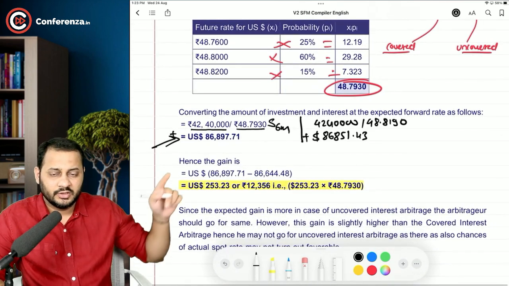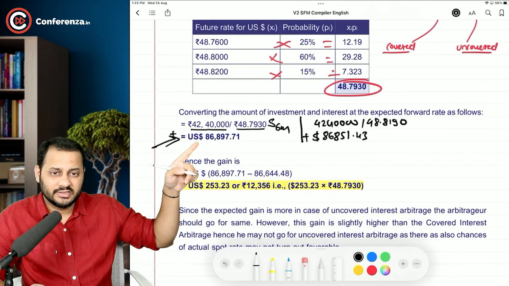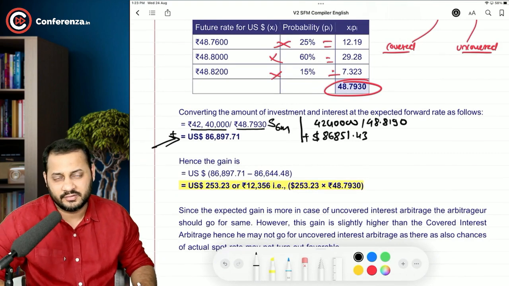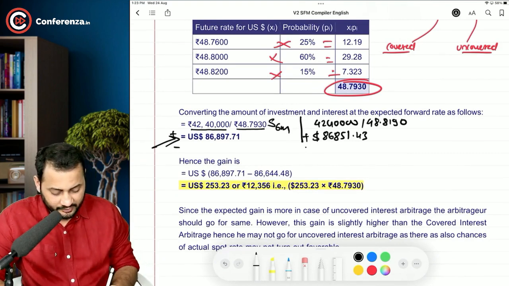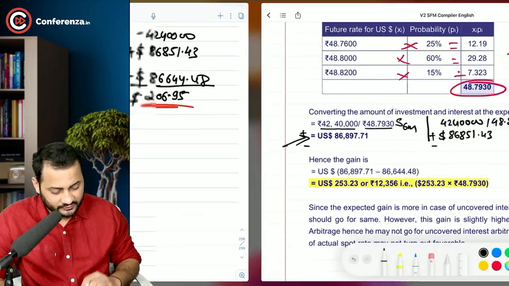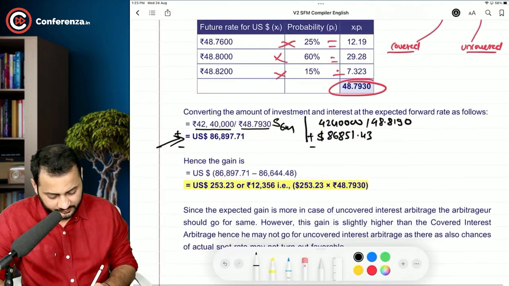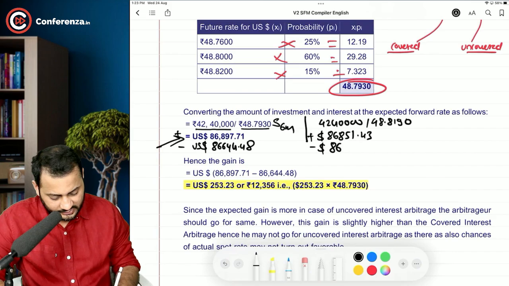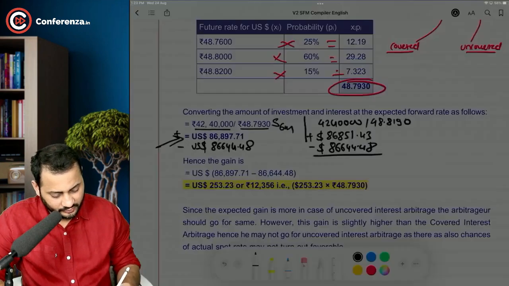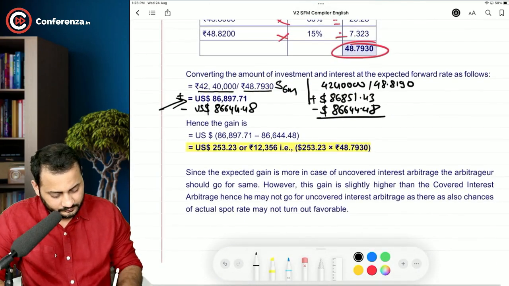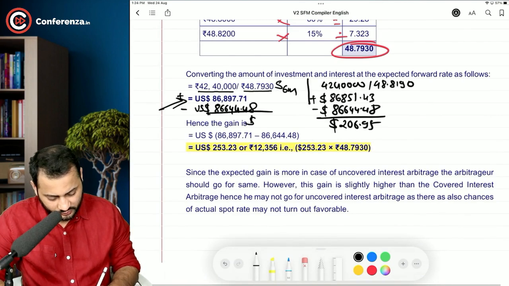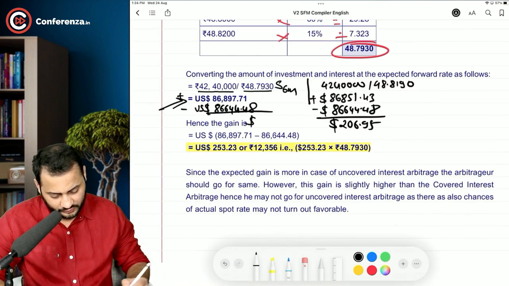Now you tell me, is receiving 86,897 better or 86,851 better? Because in both cases the repayment amount will remain the same, which is 86,644.48. So this is our current gain, which is $206.95, and this is going to be the new gain, which is 253.23.